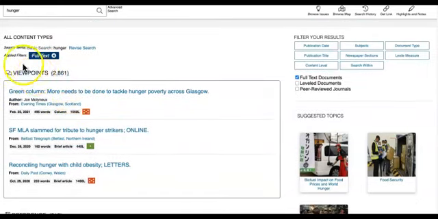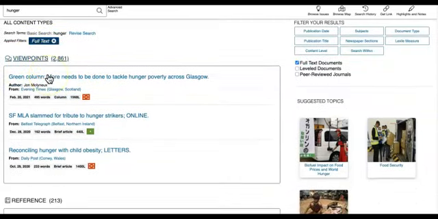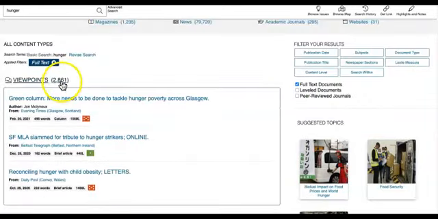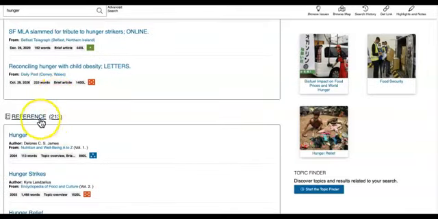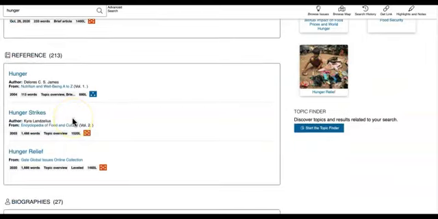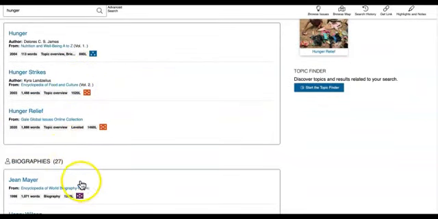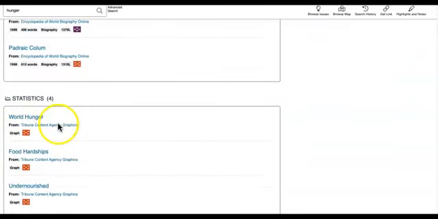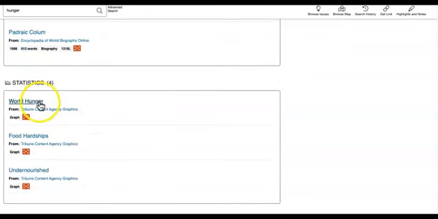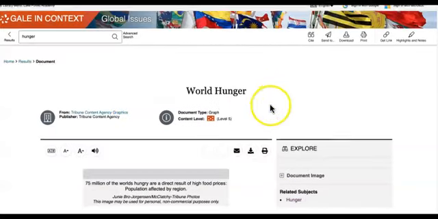And then you can see that I have viewpoints, so those are going to be opinion pieces, and I have 2,000 of them. I have reference articles, 213, and then I have biographies, statistics. So take a look at some of these statistics. So this is going to be a great possible resource for some data.